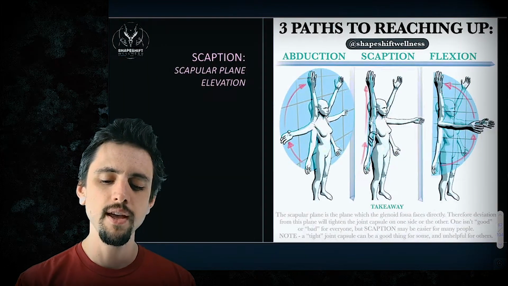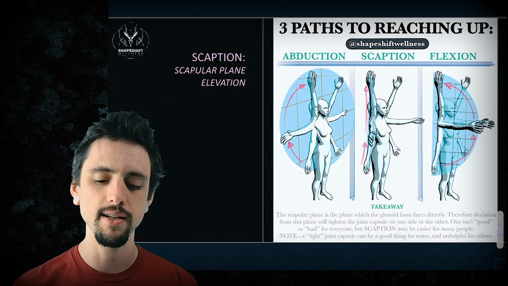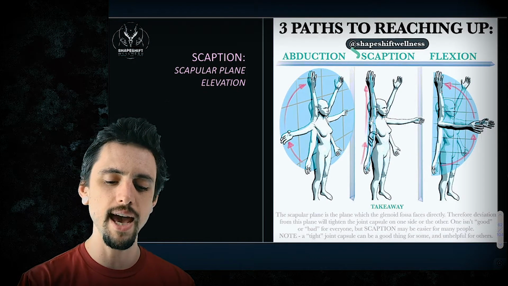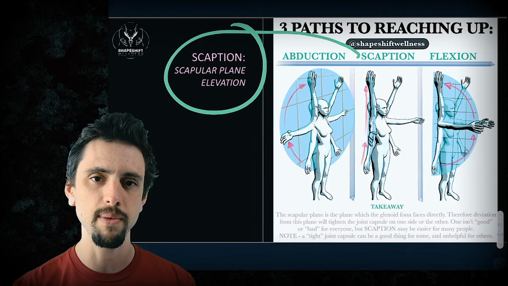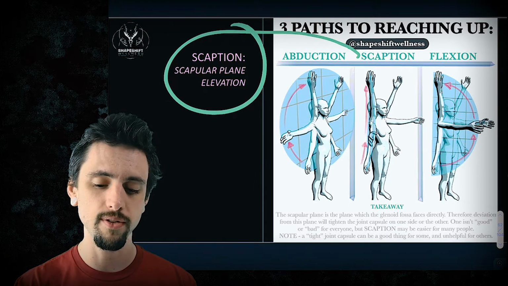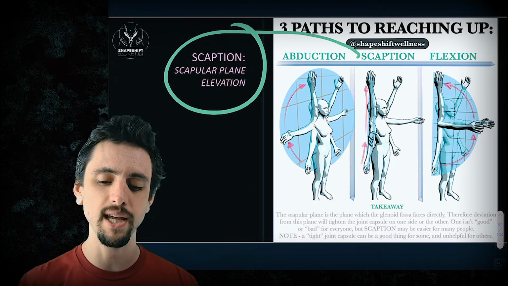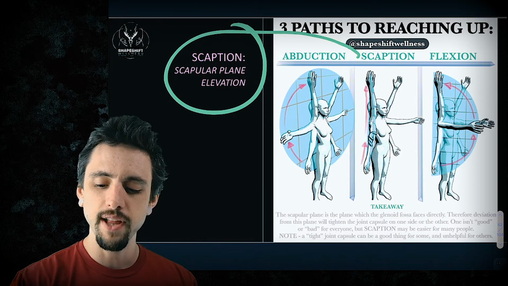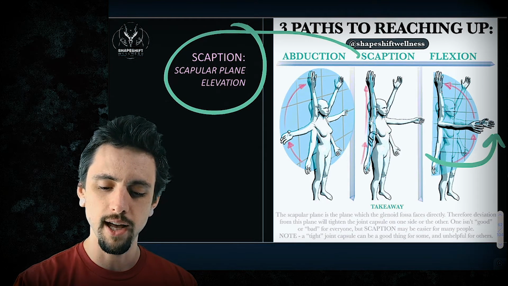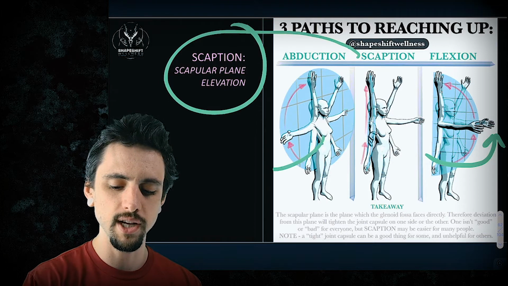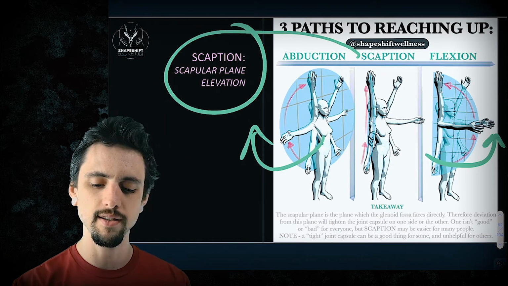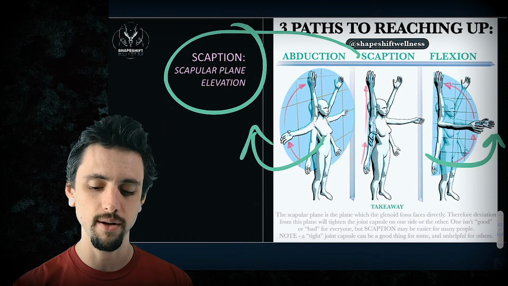Let's get into it. First we've got to define these. I already gave you a general definition, but scaption is a term that many people are probably not familiar with, so I'll just define it. It's scapular plane elevation. If flexion is reaching forward and up, and abduction is reaching out and up, then scaption is just in between those.